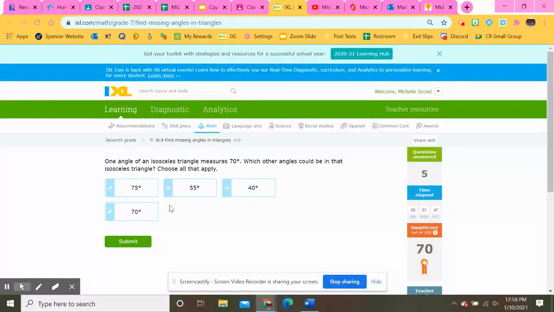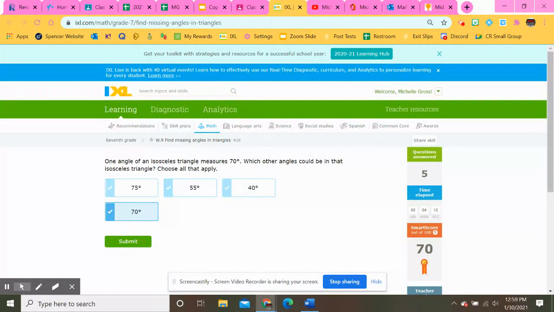And let's see this one. Okay, yeah, sometimes you have these choose all that apply ones. One angle of an isosceles triangle measures 70 degrees. Which other angles could be in that isosceles triangle? Choose all that apply. Okay, so if one's 70, the other one could be 70, because as long as it's less than 180 degrees, you're good to go. So you can have 70 and 70.